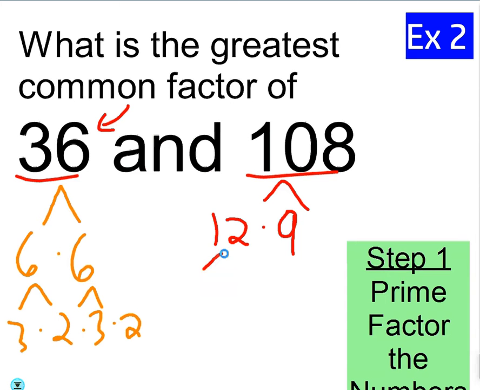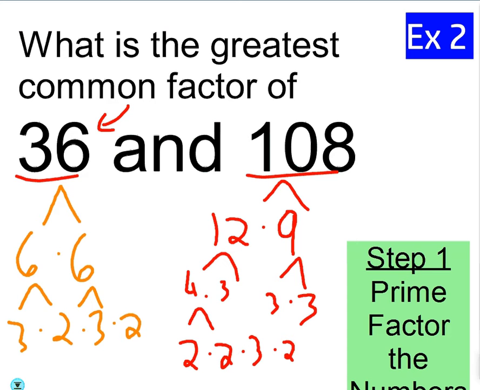Here's the other way to do it, okay? 108 breaks down to 12 times 9. 12 breaks down to 4 times 3, and 9 breaks down to 3 times 3. And then breaking it down one more would be 2 times 2 times 3 times 3 times 3. So on the right we have 2 2s and 3 3s, and on the left we have 2 2s and 2 3s.